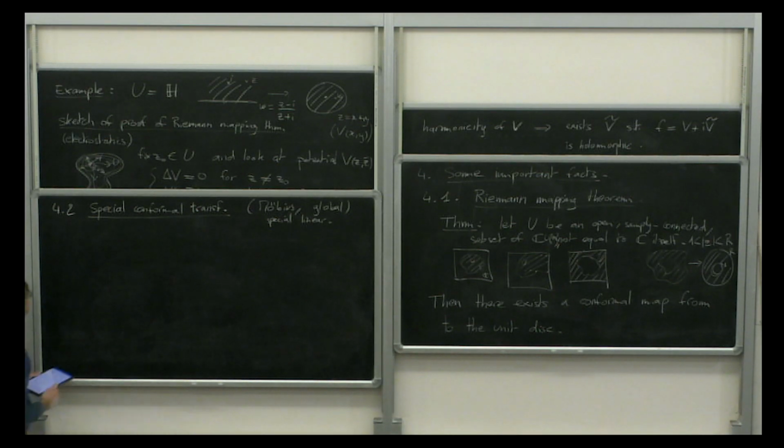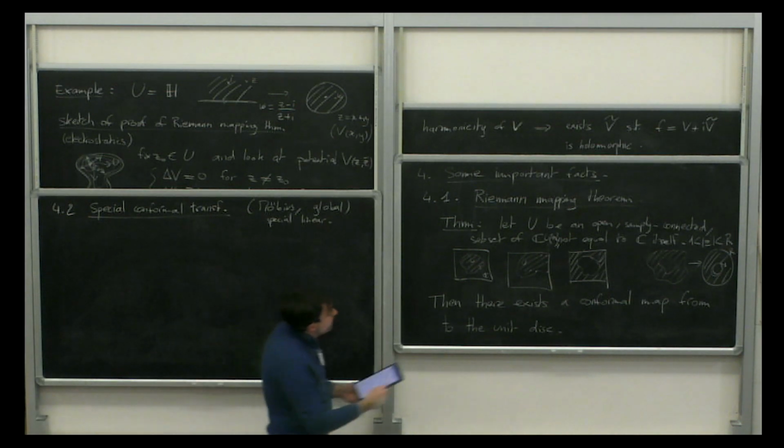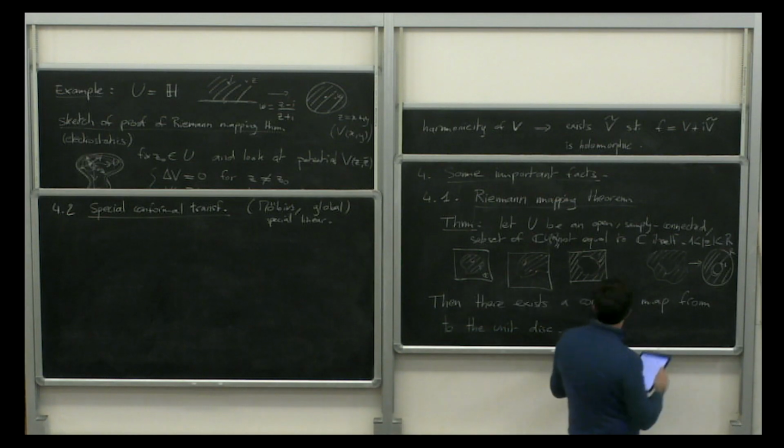Okay, so what are these things? These things appear naturally when you ask the question, what are the conformal maps? When you ask the question, what is the freedom in the choice of this conformal map?